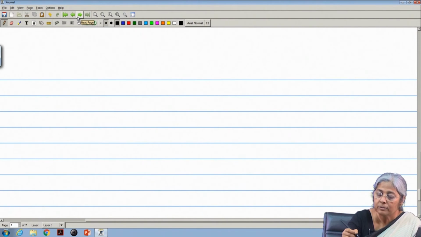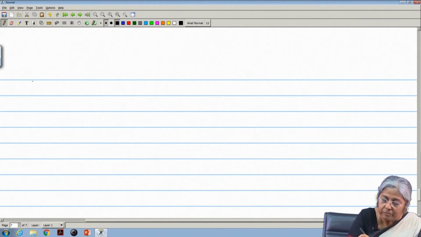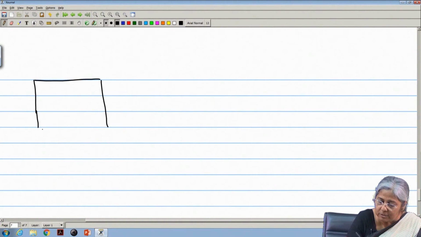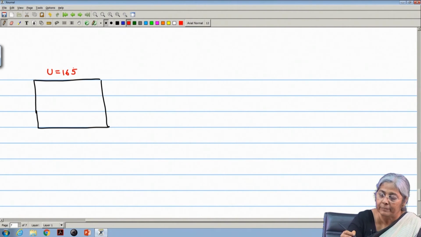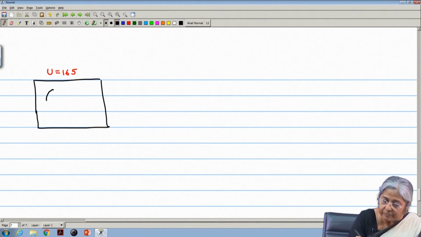So, for this problem, we draw the Venn diagram. This is my universal set U, which is 165 students. Now, here I have 3 sets.